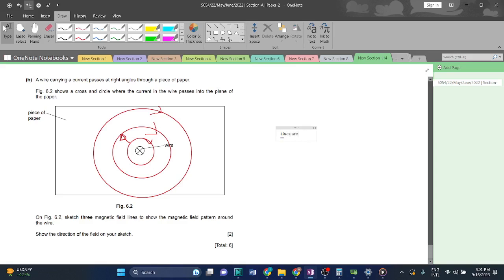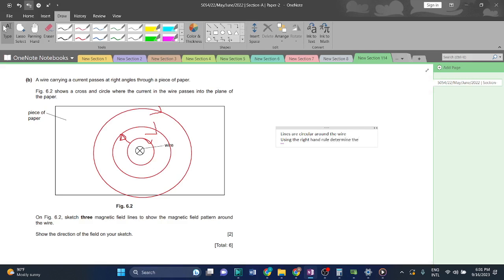Lines are circular around the wire. Second one will be using the right hand rule, determine the direction, which will be clockwise in this specific question.